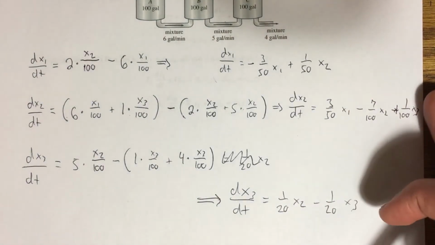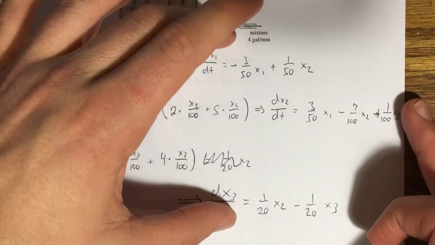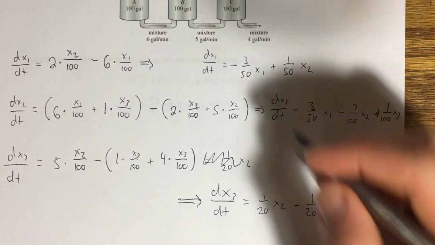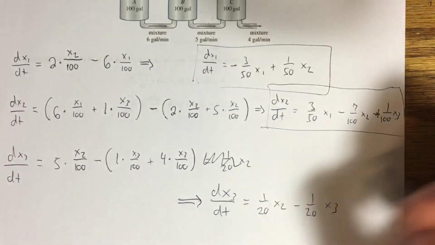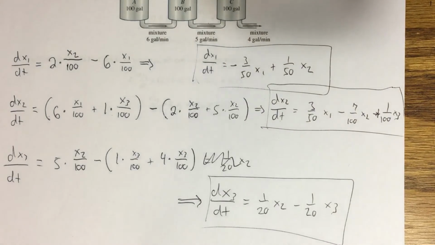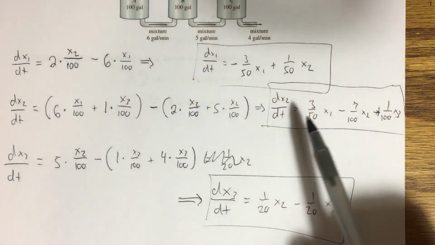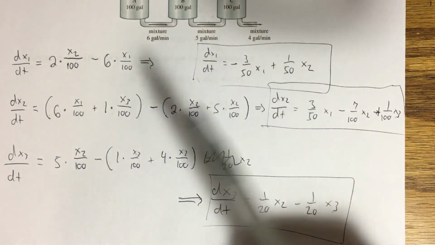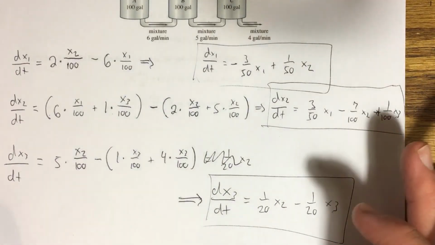Okay, now this is sloppy. I would probably be better off taking my results and putting them in one place. But together, these three equations make up that linear system that we're talking about. In this case, a system of 3 equations in 3 unknowns, because x1, x2, and x3 are the 3 functions that we would be solving for. Okay? All right.